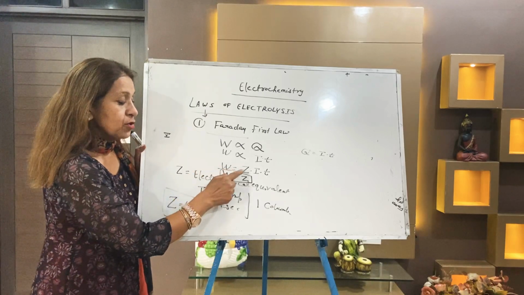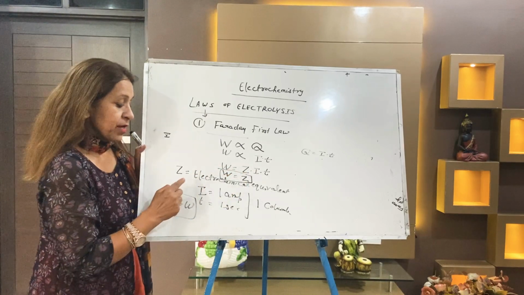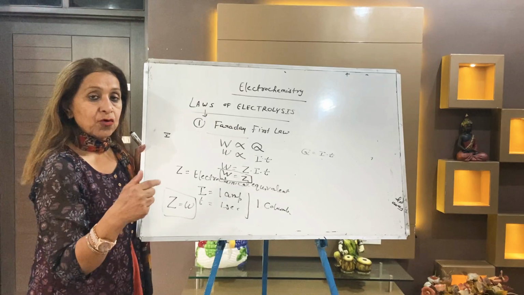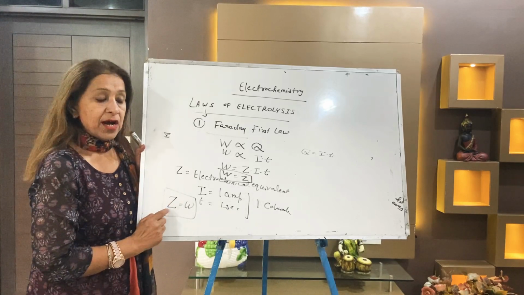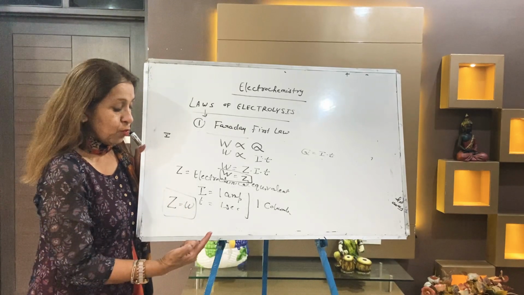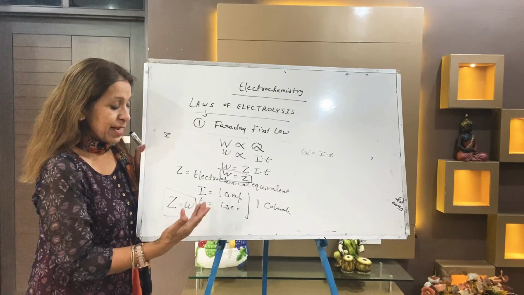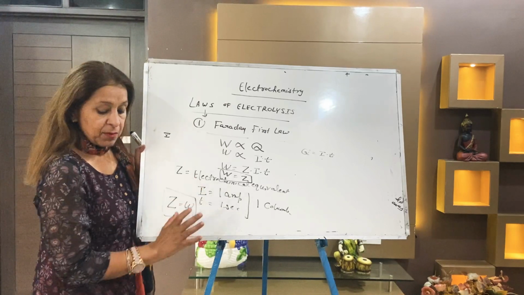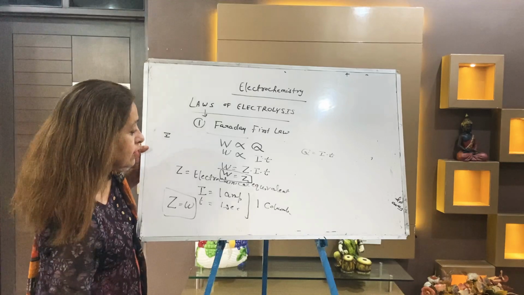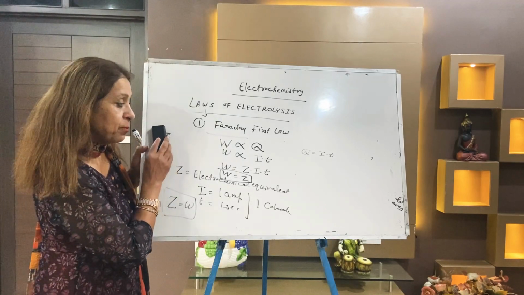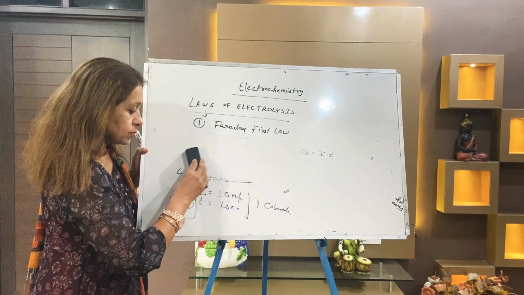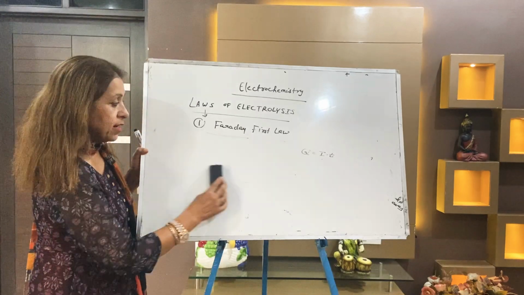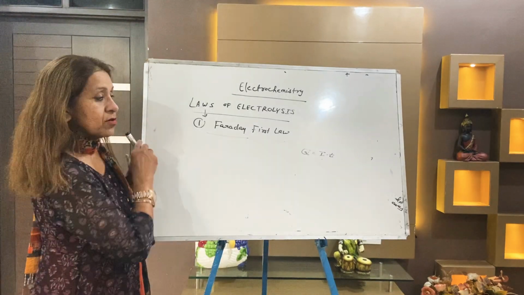That means W is equal to Z into I into T. And Z is the electrochemical equivalent, which is equal to W when 1 ampere current is passed for 1 second, that is 1 coulomb charge. So remember. Now I am taking the second part of this Faraday first law.